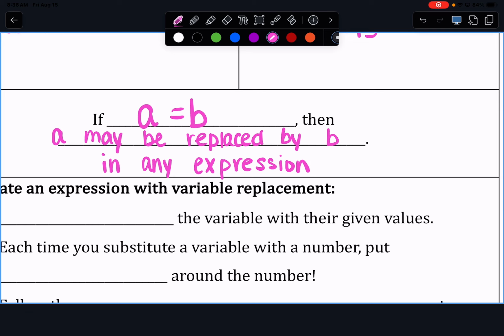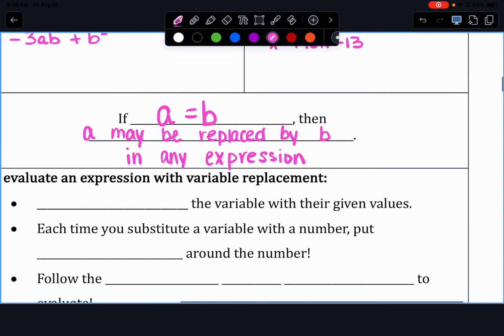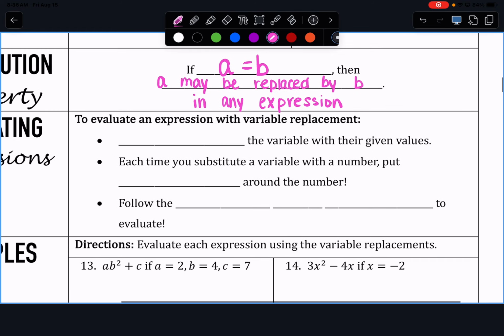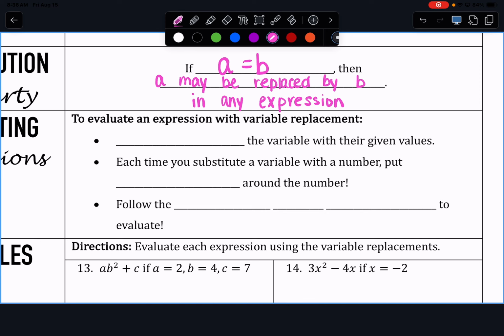Basically, if A equals 2, then you can replace A with 2. That's all that means. Now, when we are evaluating an expression using substitution, the first thing we have to do is substitute the variable with its given value.